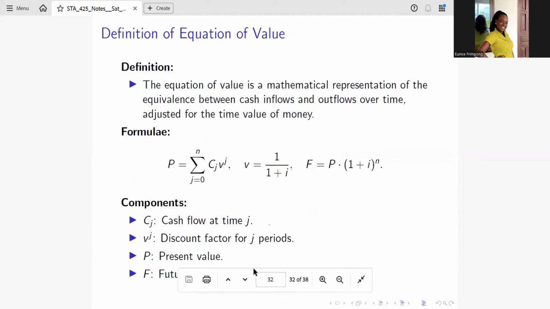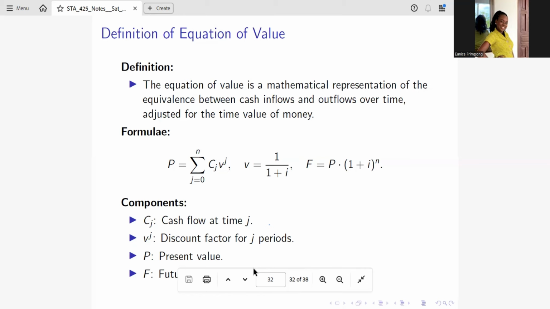Now we want to talk about the concept of equation of value. The equation of value is a mathematical representation of the equivalence between cash inflows and outflows over time, adjusted for the time value of money. In our formula, P is equal to the summation of Cj Vj, where j is running from 0 to N. We define Cj as the cash flow at time j, and Vj is the discount factor for j periods.